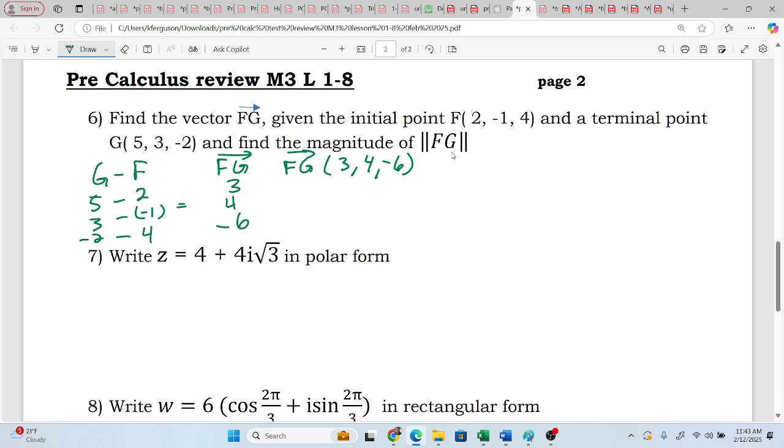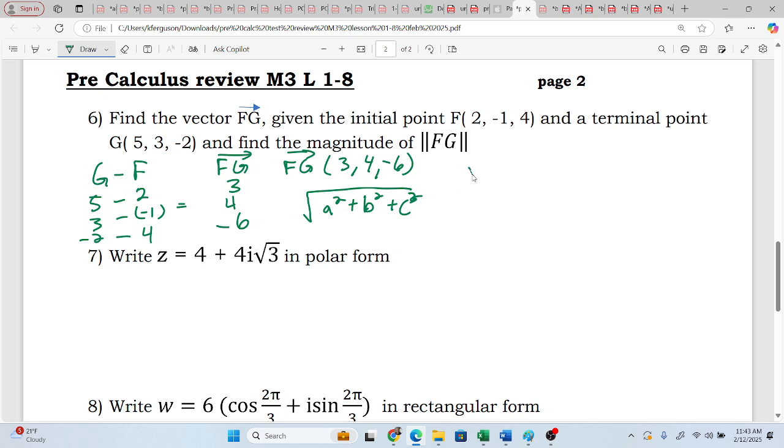Well, what's the magnitude? Well, it's like I run the distance formula on that thing. I take the square root of my first term squared plus my second term squared plus my third term squared. Oops, squared, sorry. Yep. So that's what I'm doing. I'm squaring FG.